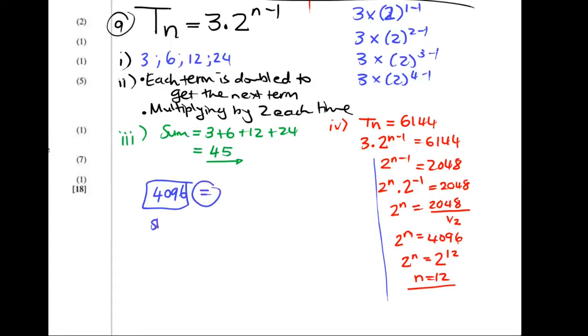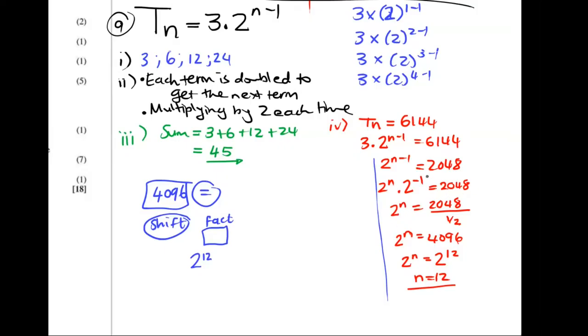Then you're going to use the shift button, and above one of your buttons, you're going to see that it says fact. If you've got 4,096 equals and you then type shift fact, it will give you the answer 2 to the power of 12 like that. Yeah. Okay. Thank you.